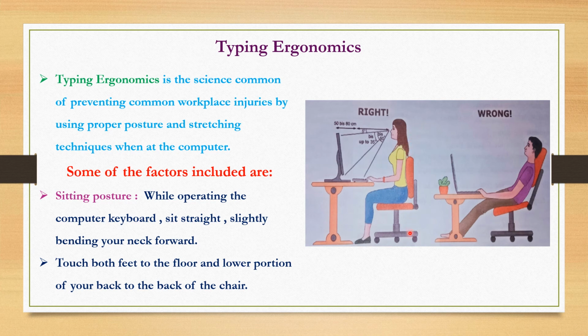There should be a gap of at least 50 to 80 centimeters between your eyes and the screen while working on it. And the chair which you are sitting on and the table should be very comfortable for you. Next is position of hands.